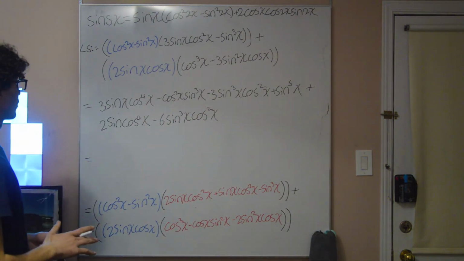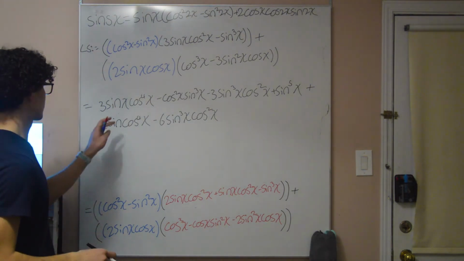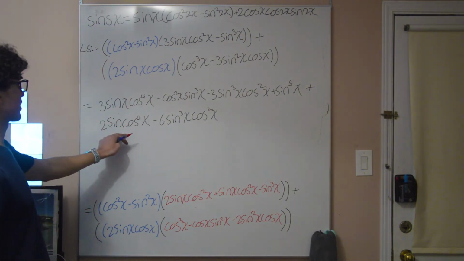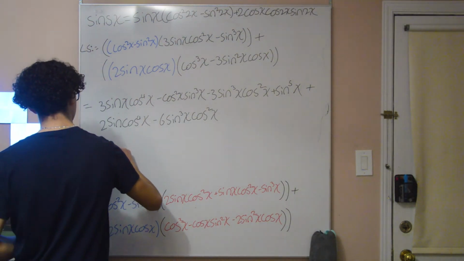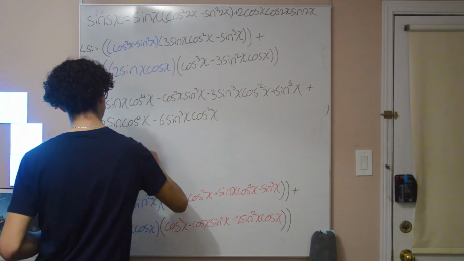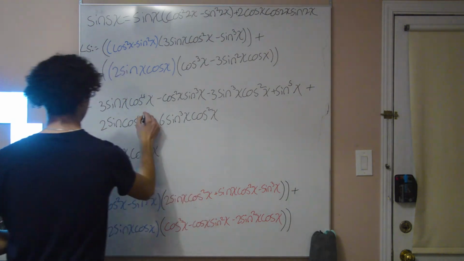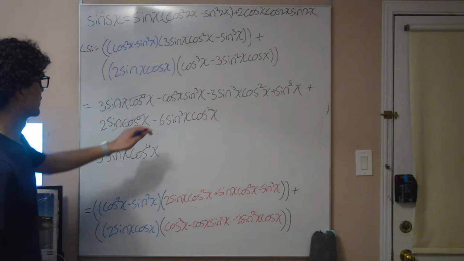Okay, now from here, we're just going to find like terms. So 3 sine x cos 4x and positive 2, so that can become 5 sine x cos 4x. So we added those two.